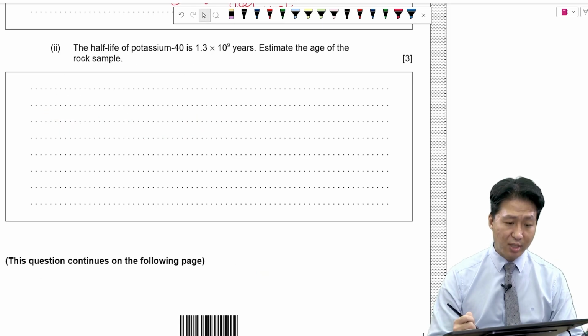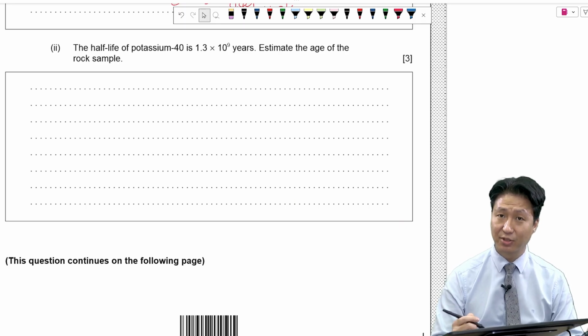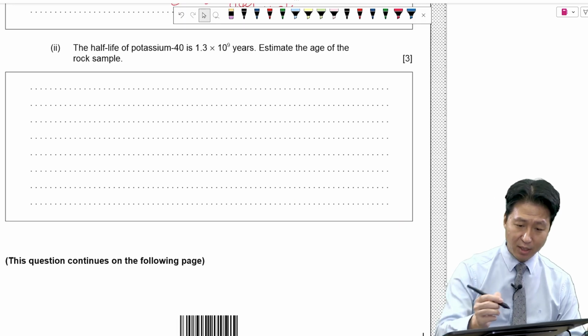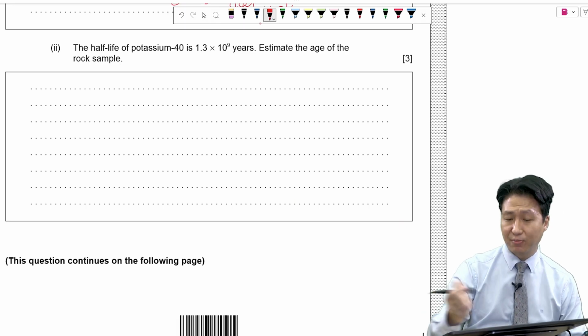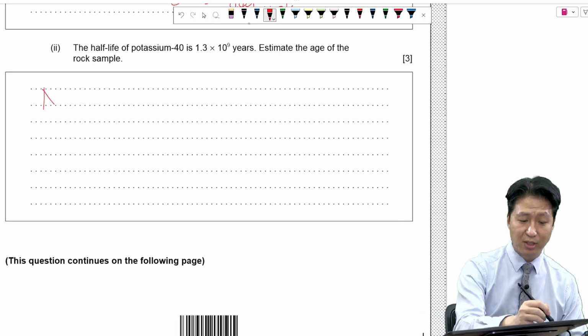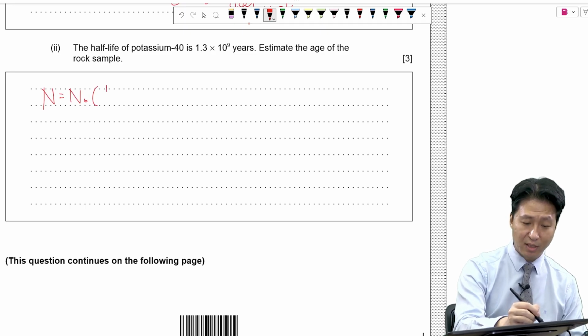In part 2 of this problem, the half-life of potassium-40 is 1.3 times 10 to the 9 years. Estimate the age of the rock sample. So we will use the simpler form of this equation, where the number of particles currently is equal to the initial number times 1/2 to the amount of time that has passed over the half-life.